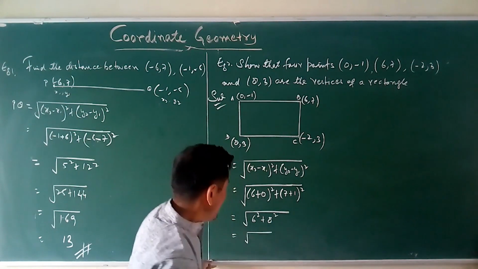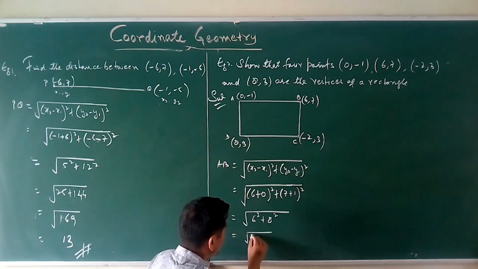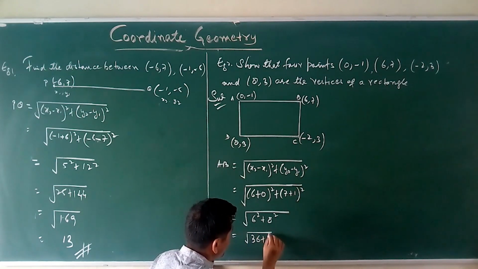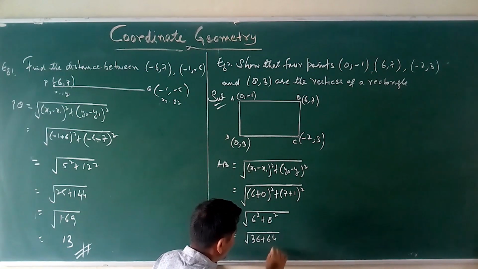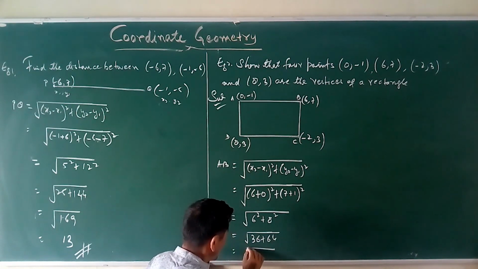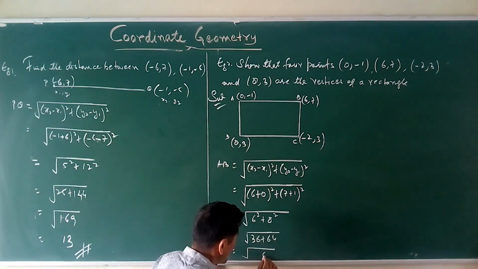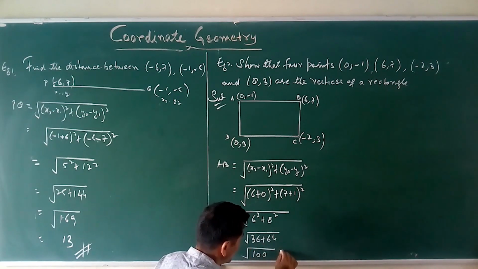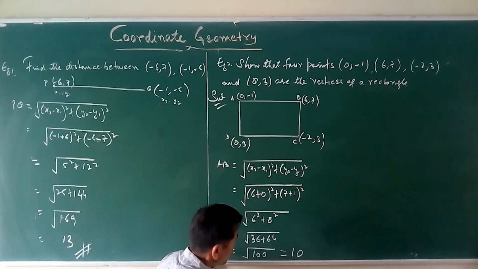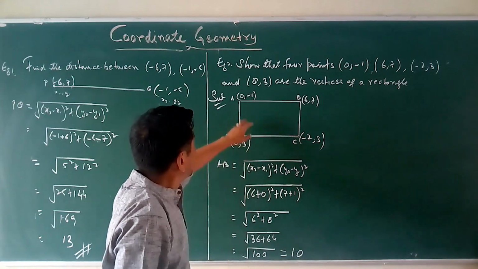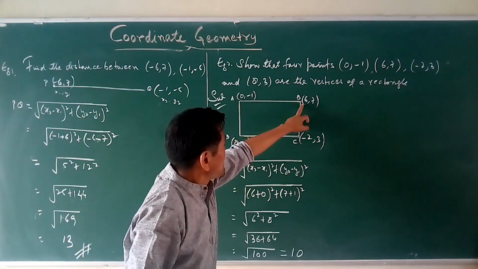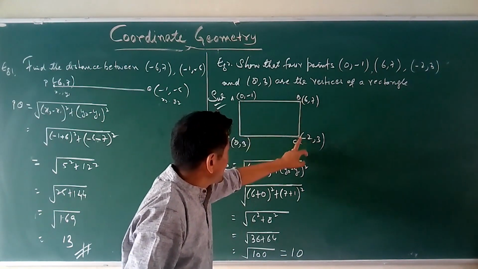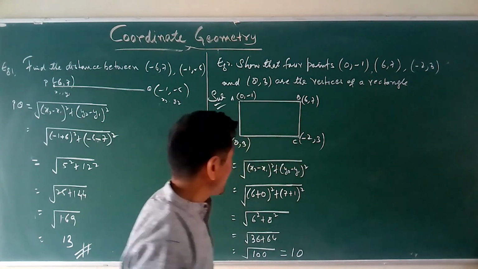So 6 squared is 36 plus 8 squared is 64. That is 100, the root of which is equal to 10. So AB is 10.